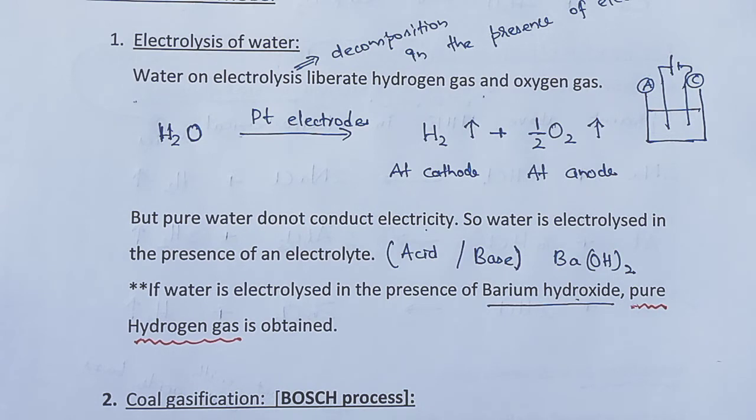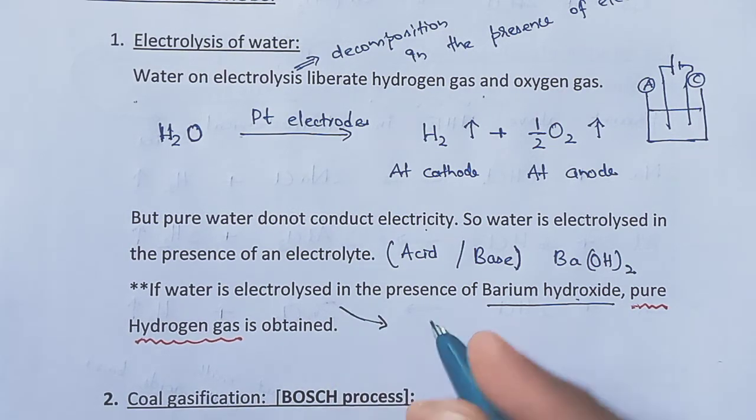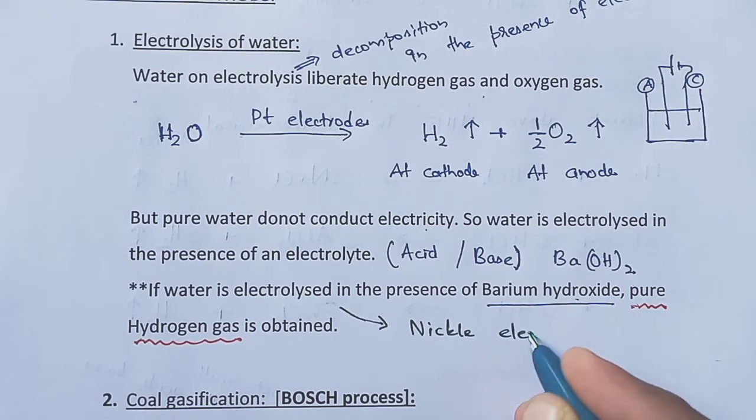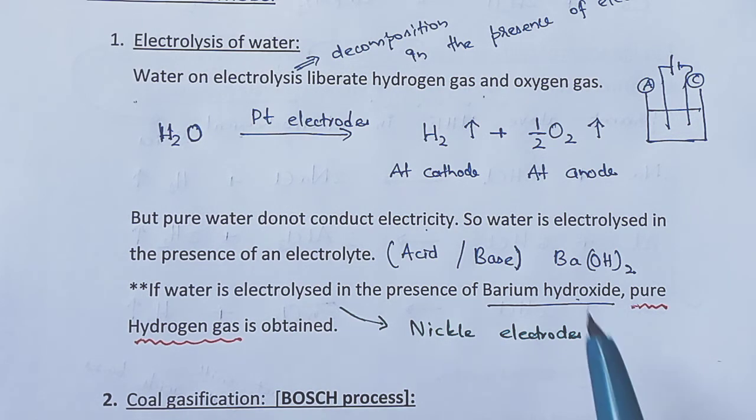But one more point is, we have to do the electrolysis in this case with nickel electrodes, then we get pure hydrogen. So I repeat the point once again. What is the best procedure to produce pure hydrogen? Answer: electrolysis of aqueous solution of barium hydroxide with nickel electrodes.